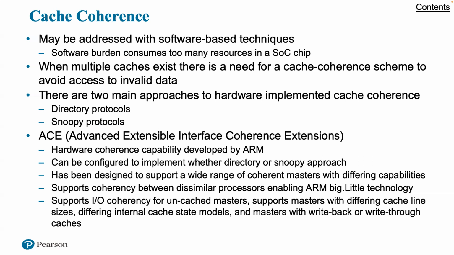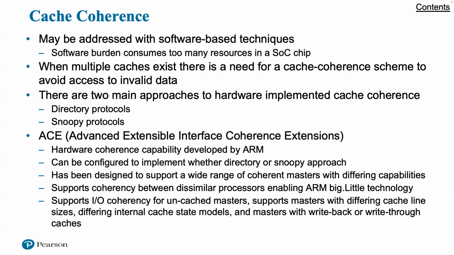When multiple caches exist, there is a need for cache coherence schemes to avoid access to invalid data. Cache coherence may be addressed with software-based techniques. In the case where the cache contains stale data, the cached copy may be invalidated and reread from the memory when needed again.